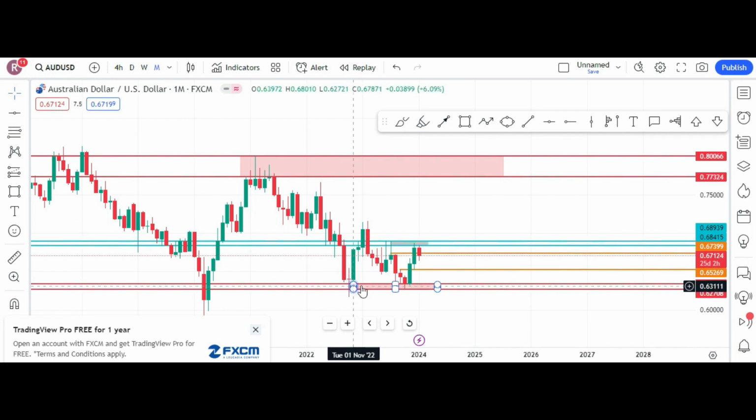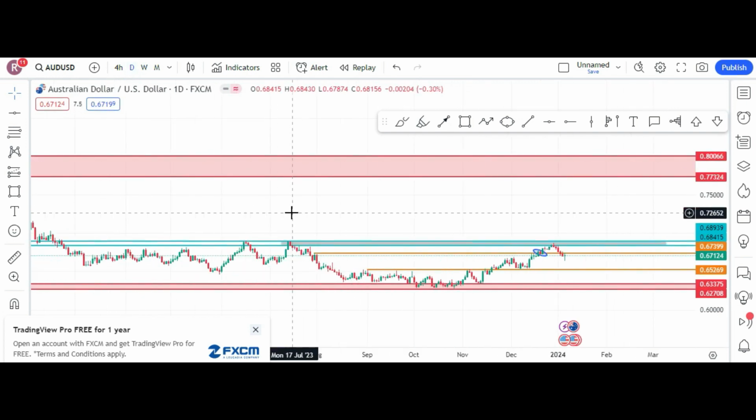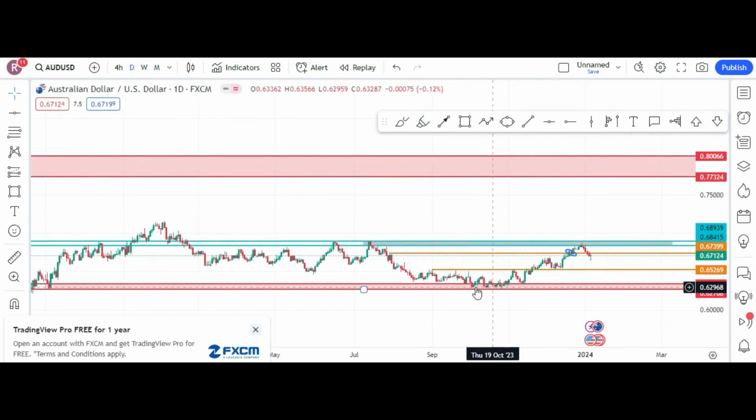It pushed the price again here. We didn't show the double bottom where it has been from here. That may be from weekly if I'm not wrong. Yes, it was from the weekly somewhere, or maybe in daily, I'm not sure, I didn't check that. Yes, it was from the daily, it has been pushed back.